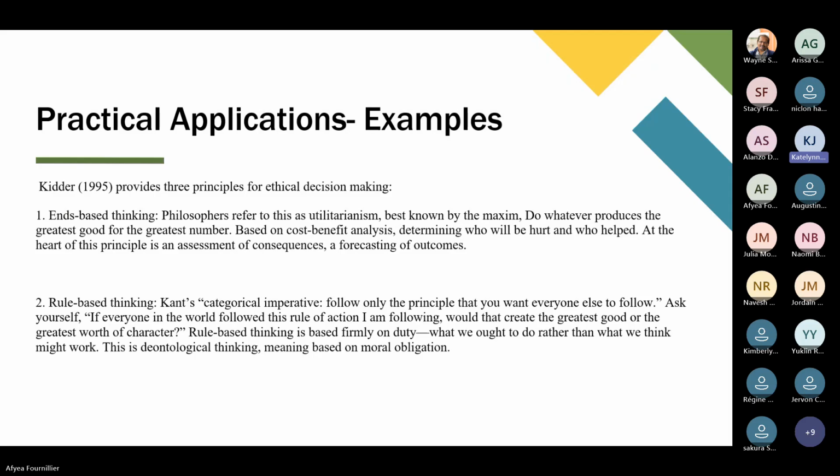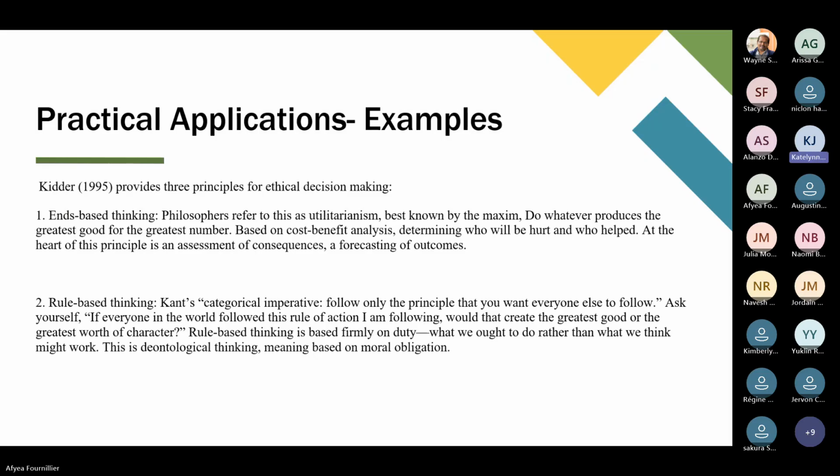Sorry about my pronunciation, everybody. It is best known by the maxim: do whatever produces the greatest good for the greatest number. It is based on cost-benefit analysis, determining who will be hurt and who helped. At the heart of the principle is an assessment of consequences, a forecasting of outcomes.